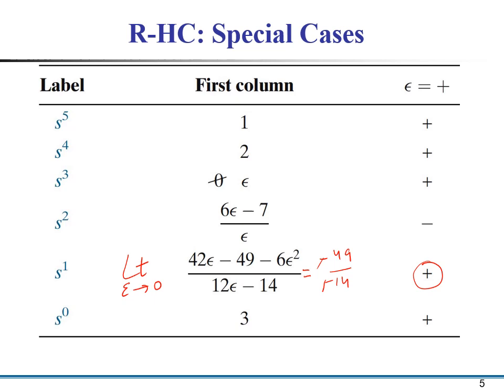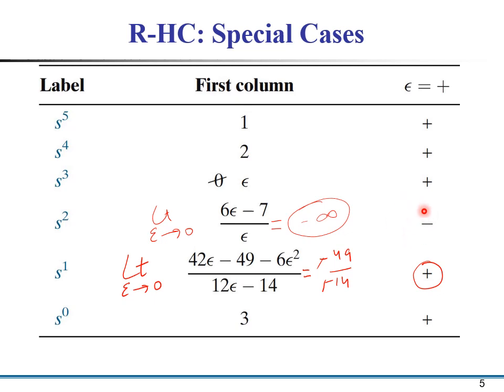Here again the similar thing, limit epsilon tends to 0. If we check over here, this one will be approaching negative infinity. If it is approaching negative infinity, this means that it is a negative number over here. So this is why here we have negative.